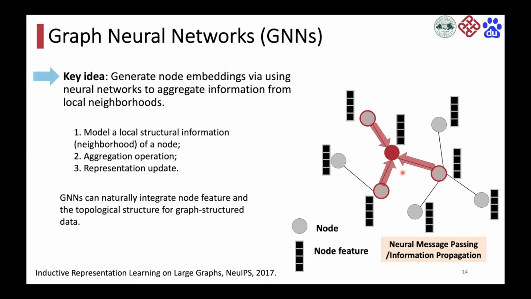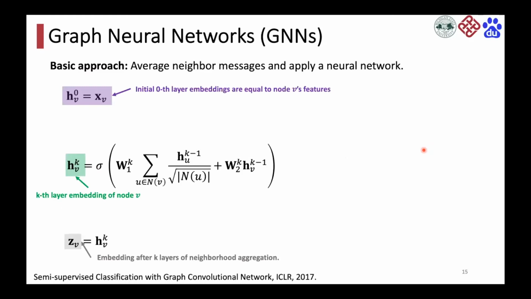As you can see in this figure, graph neural networks can naturally integrate the node information as well as the topological structure. Given this advantage, graph neural networks provide a great opportunity to alleviate the information isolation and advance recommender systems.